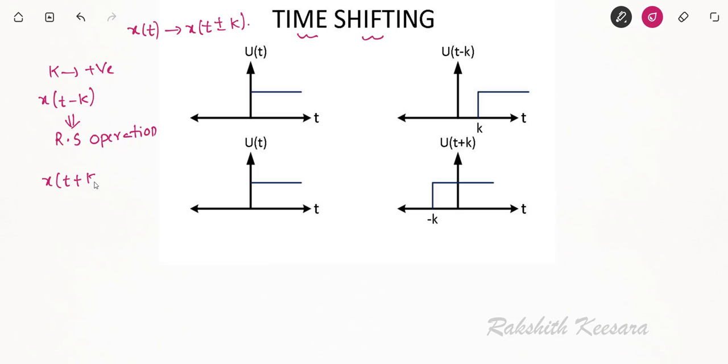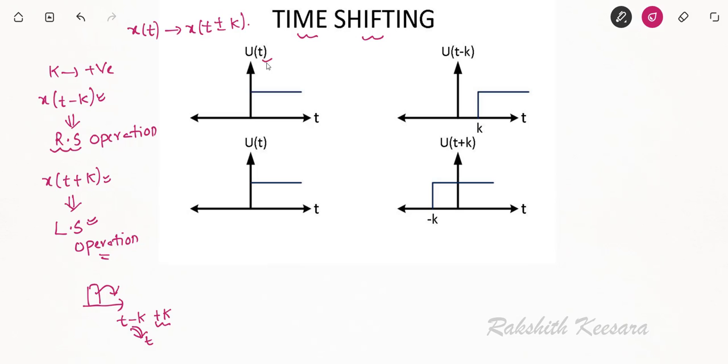If it is t plus k, it is called a left shifting operation. Let us understand these two. If it is x of t minus k, at first my axis will be changed to t minus k. To bring this back to t, we add plus k to this. If we add plus k, the whole signal will be shifted to the right side. That's why this is called right shifting, and similarly this is left shifting.